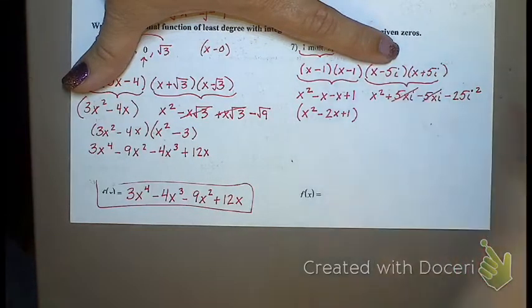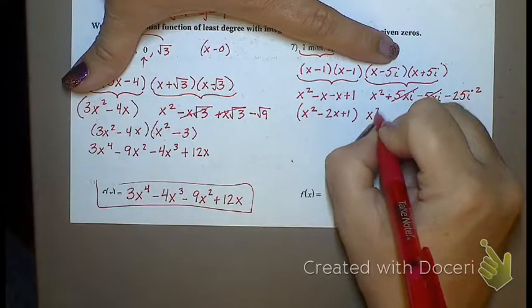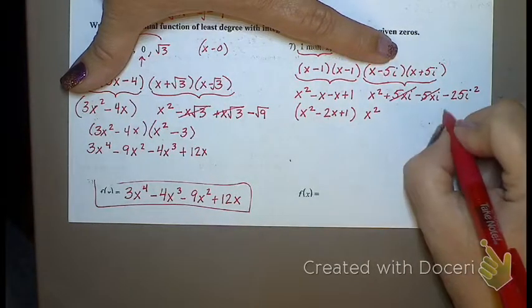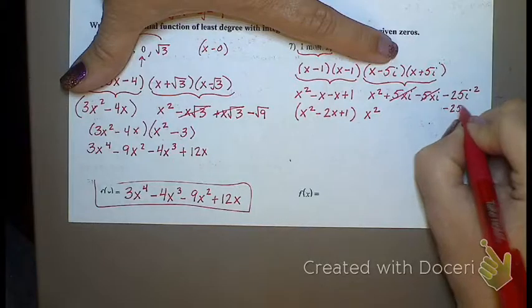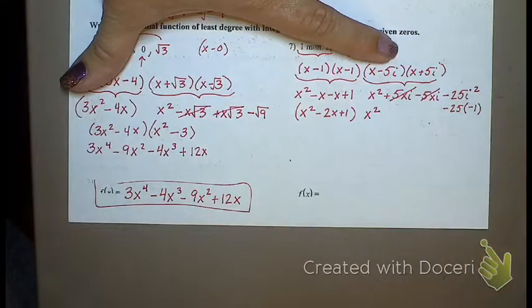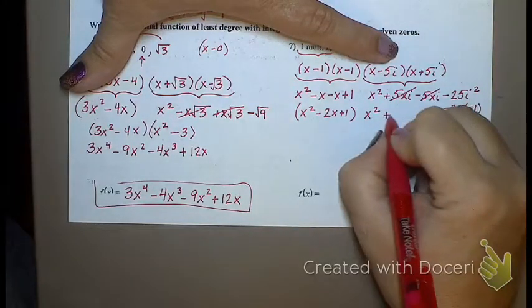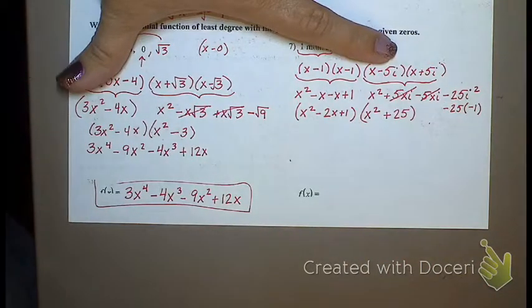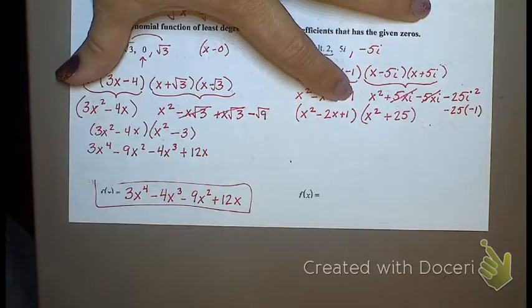Those 2 middle terms cancel. I have x squared, and what do I do with the i squared? It's negative 1. So I really have negative 25 times negative 1, which is what? Plus 25. Multiply these guys, put it in standard form, and I'm done.